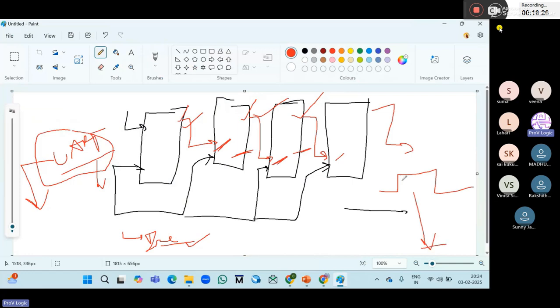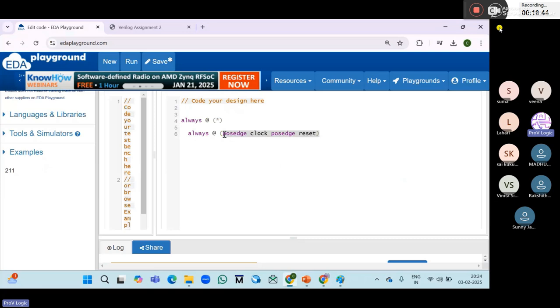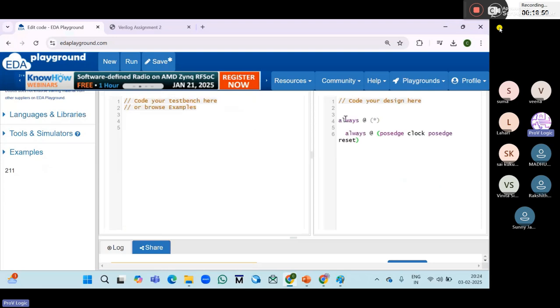It doesn't check whether the clock is active high, active low, edge triggered or level. It doesn't check anything. Whenever it is high, the output will be triggered. That's what we call asynchronous, so that's why we mention it in the design block. That is one difference in the design part.